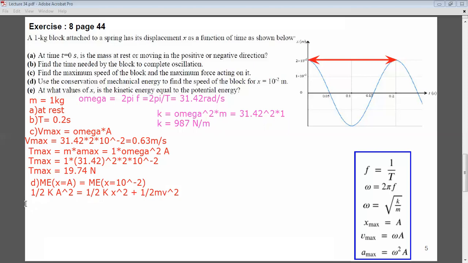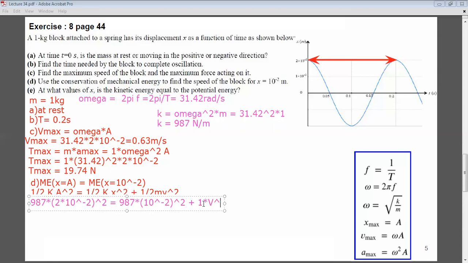Okay, let's put this in another color just to make it clearer. So here I remove all the K, all the halves. So I'm left with 987 times A, which is 2 times 10 power minus 2, squared, is equal to K, which is 987, times x, which is 10 power minus 2, squared, plus M, which is 1, times v squared.